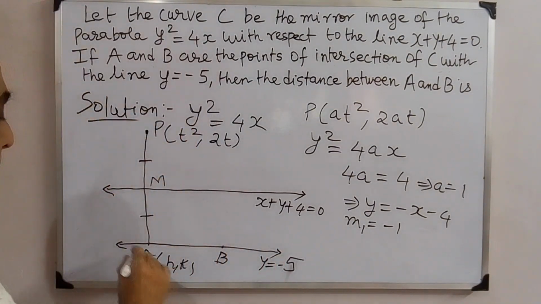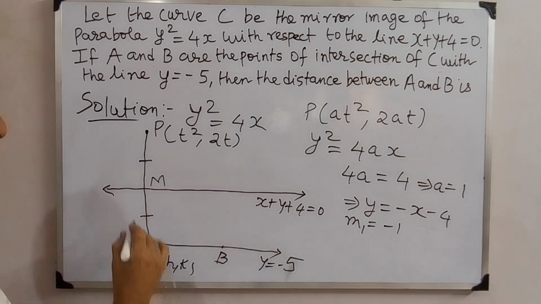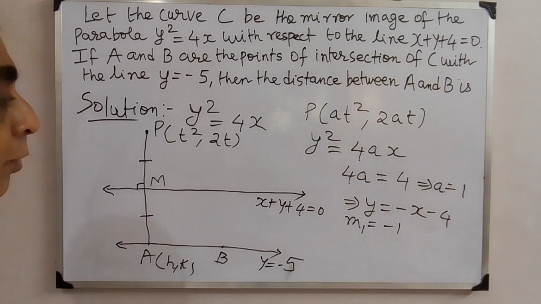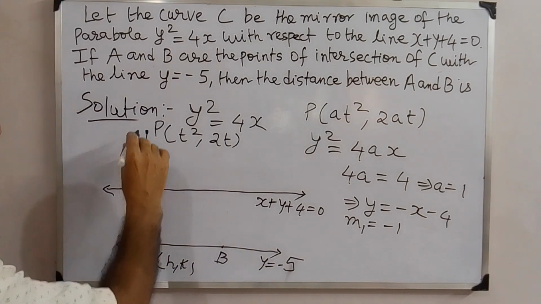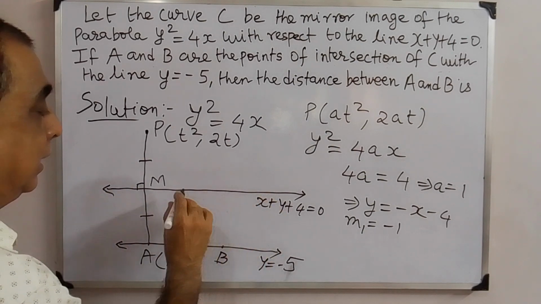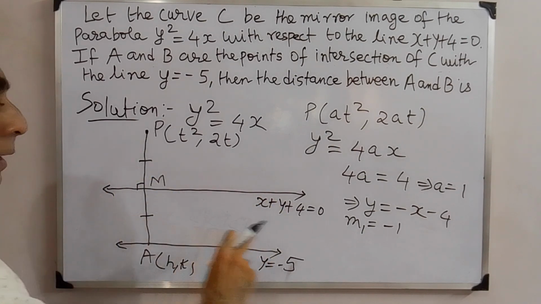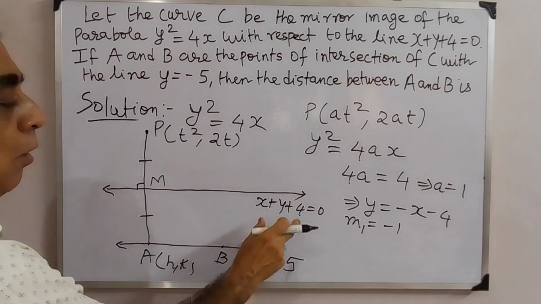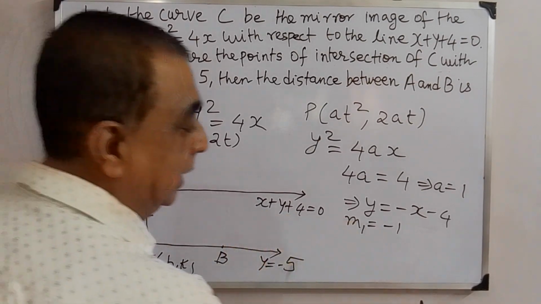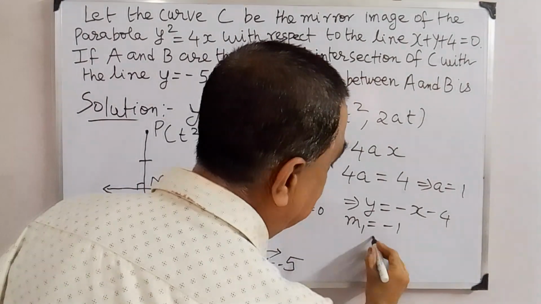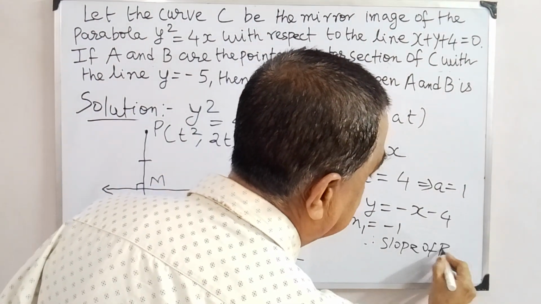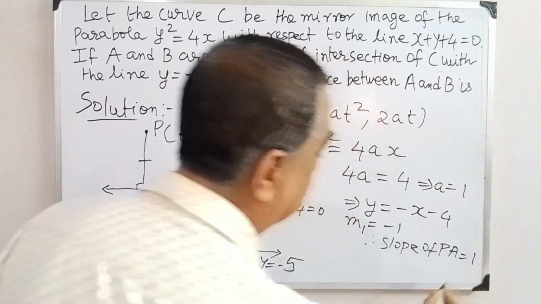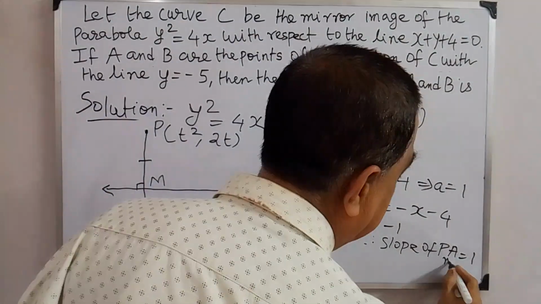Because PA is perpendicular to the mirror line, the product of the slope of PA and the slope of the mirror line will be minus 1.